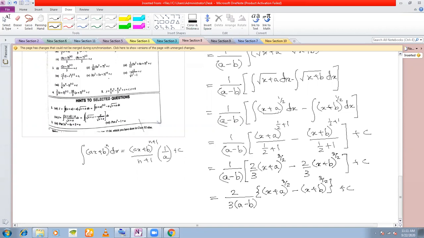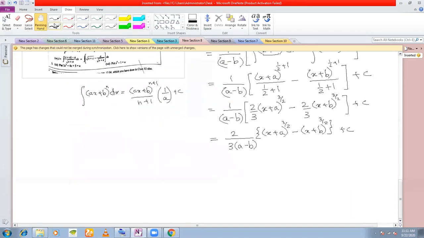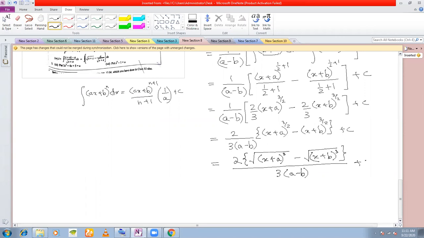Okay, or you can also write this as, you can multiply everything by 2 so that you get here square root of x plus a whole cube minus square root of x plus b whole cube divided by 3 times a minus b plus c.